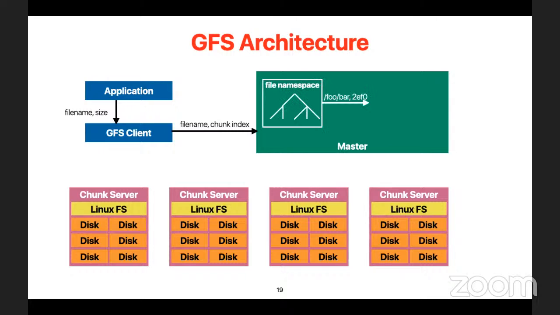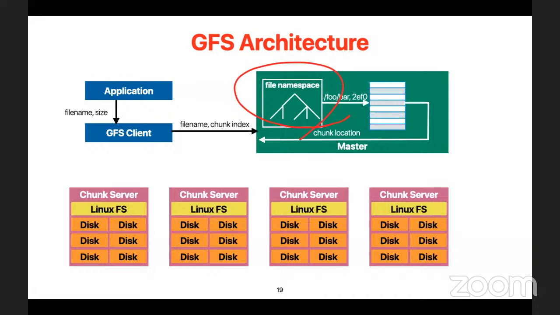And on the master side, it's just a virtual hierarchical file structure. So this one is virtual, an illusion. It's actually a mapping table, a hash table that potentially on the back end is also made by Bigtable. And you just perform one lookup, and the lookup table would throw out the chunk locations.